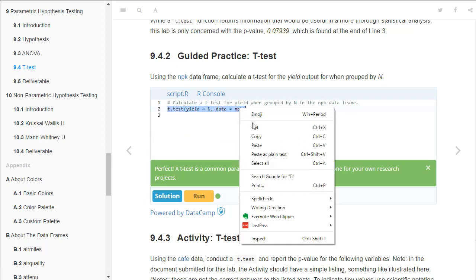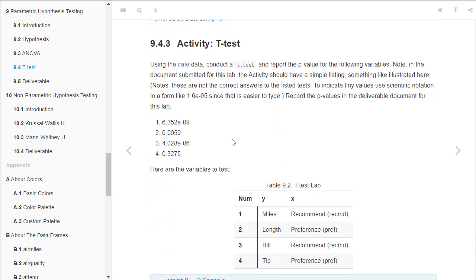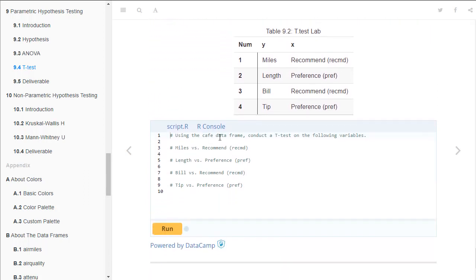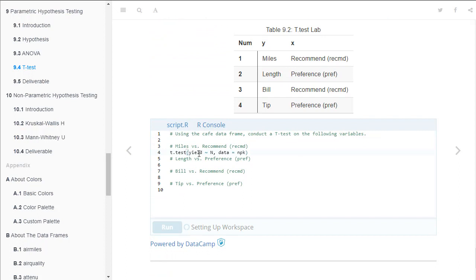I'm going to copy all of this, and here's our deliverable for this part of the lab. We're using the cafe data, and I want to do miles by recommended, RECMD.